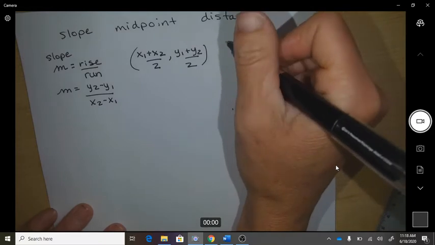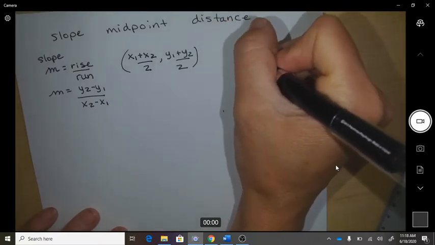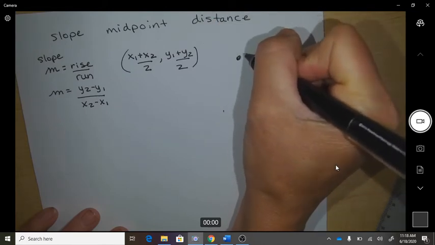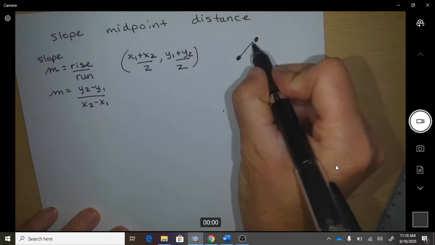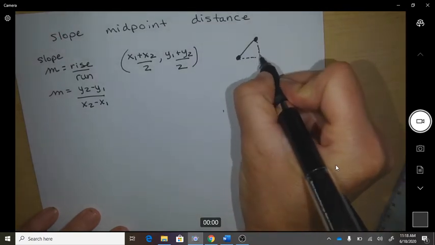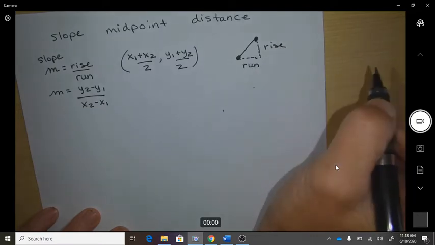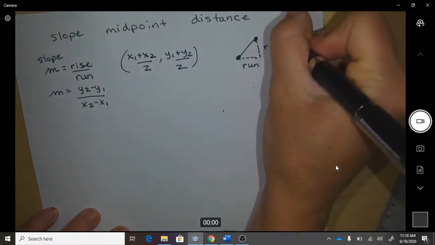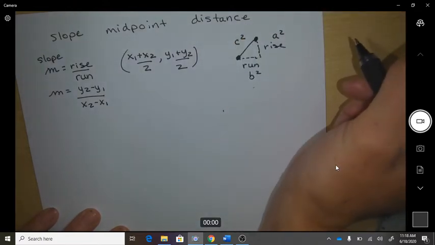And your distance is Pythagorean theorem. So if I think about 2 points, okay, this is the distance between them, and this is my rise, and this is my run. And then you're going to think about a squared plus b squared equals c squared.